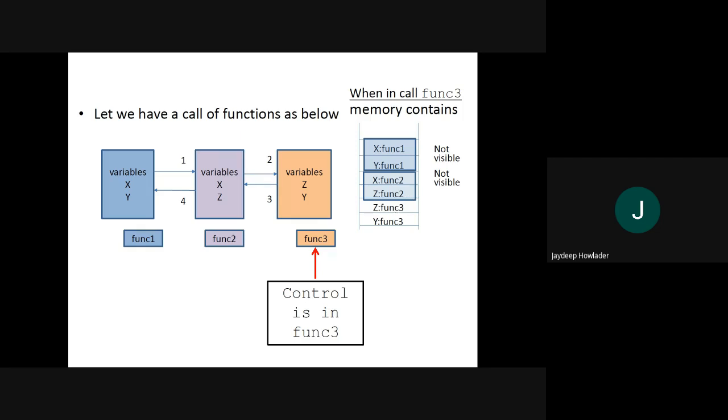So there is no ambiguity: if I am in function 3 and I write the statement z equals 20, it will not update the value in function 2. It will always update the value in function 3. Understand? So you can use the same variable names in different functions without any ambiguity. Okay. Understand?